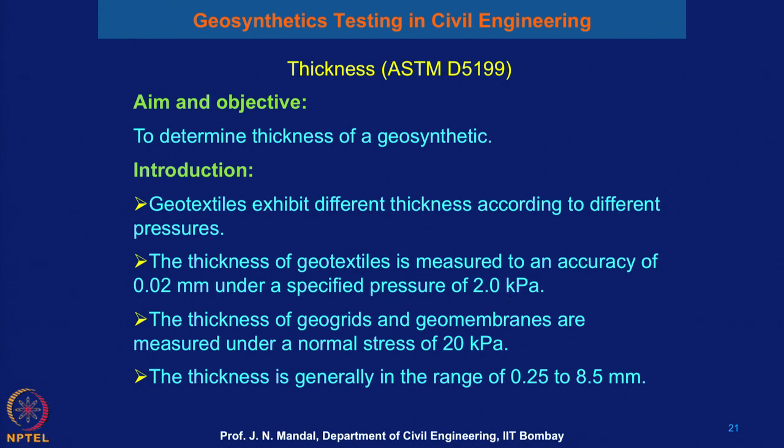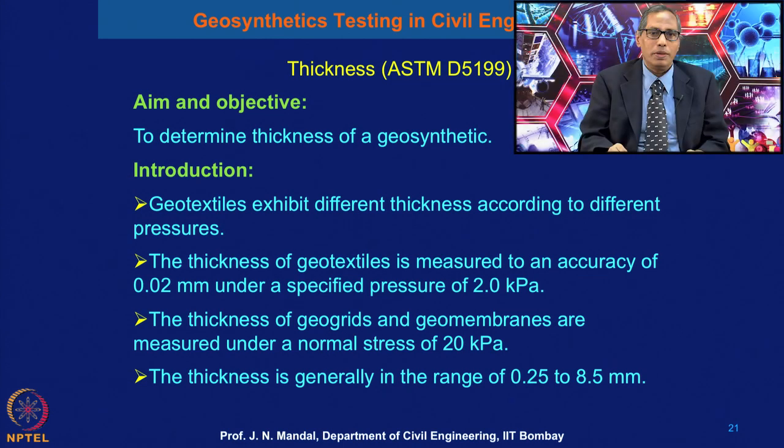Now, next we have to determine the thickness of the geosynthetic material. The thickness of the geotextile material varies. It may be 0.25, or 3 millimeter, 4 millimeter, 4.5, 5 millimeter, 8 millimeter. So, different thicknesses of geosynthetic material are available, particularly for woven and non-woven geotextile materials and their various applications.